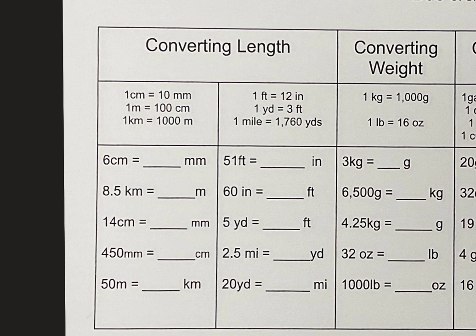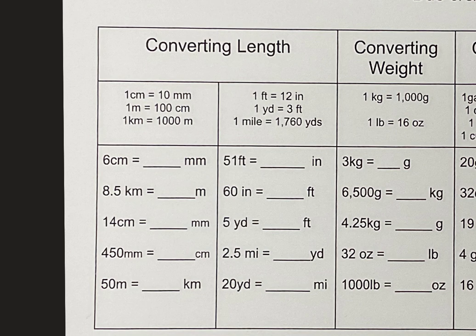And so if we look here, we have 1 centimeter equals 10 millimeters, right? And then 1 meter equals 100 centimeters, and 1 kilometer equals 1,000 meters. And we'll use more than those, but those should help you on the 5 that are in this column. And then in the next column, we have 1 foot equals 12 inches, and then 1 yard equals 3 feet, and then 1 mile equals 1,760 yards.